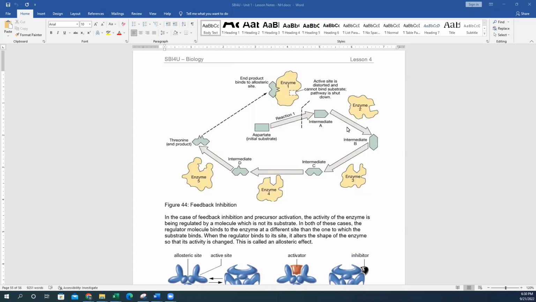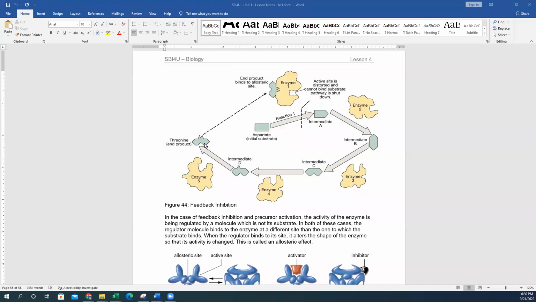So as you can see, there are 5 different enzymes along this pathway that catalyze all the different reactions that take place. Finally, the end product of this pathway is a molecule of threonine. So the initial substrate was aspartate. It went through a series of reactions and intermediates to produce finally the end product threonine.